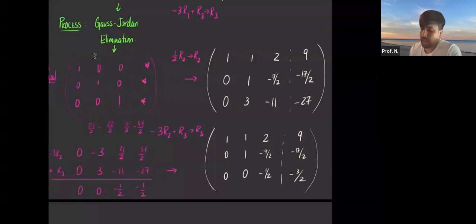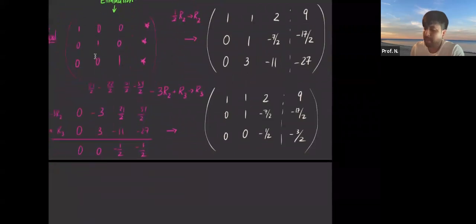So what have we accomplished? We've made all the entries in the lower triangular part of this coefficient matrix equal 0. That's a heck of a feat so far.